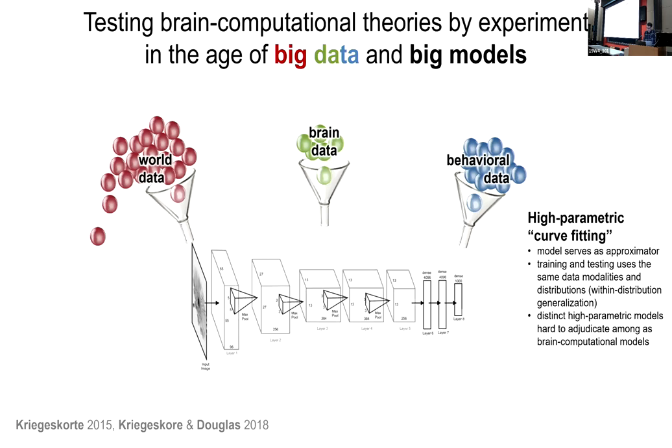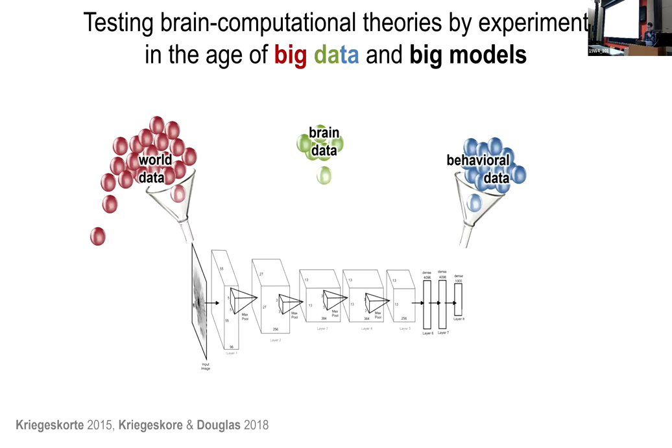And in this context, distinct high parametric models are hard to adjudicate among as brain computational models. So often different function approximators that take a different mathematical form, when you look at the architecture, look very different, but two very different looking models might make equally good predictions.